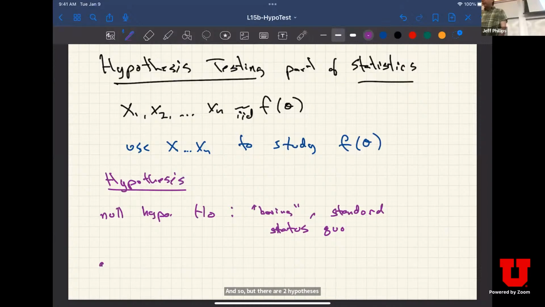The other one is the alternative hypothesis, and this is often called H1. So the H1 hypothesis is like a new claim.